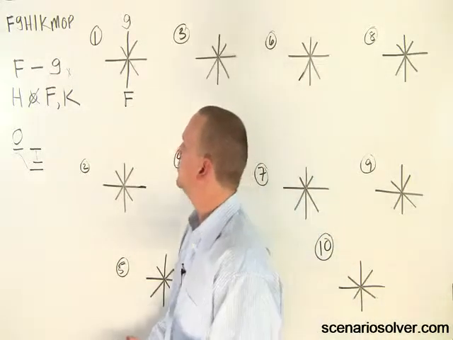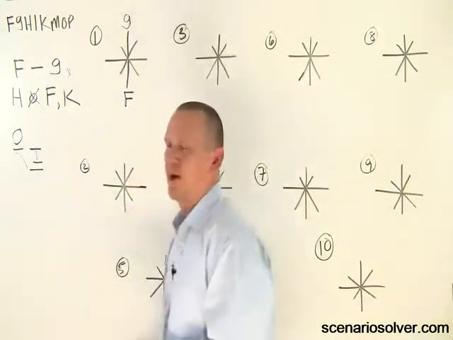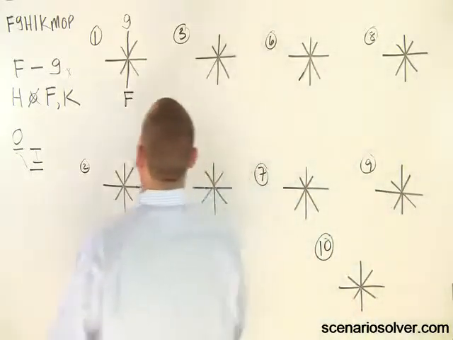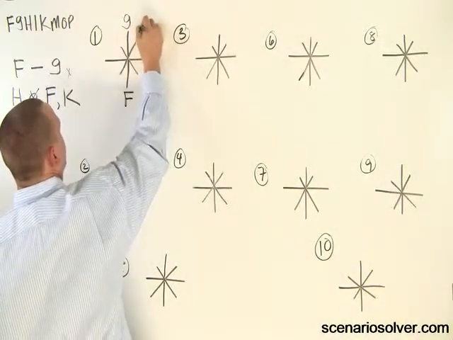Okay, so the next rule I'm going to apply is O and I. What can O and I do? Okay, and O and I can do only 4 things.